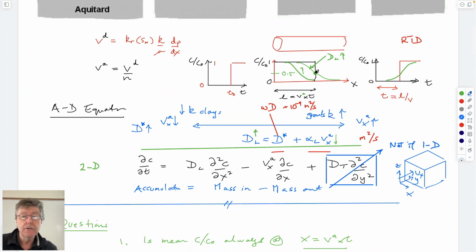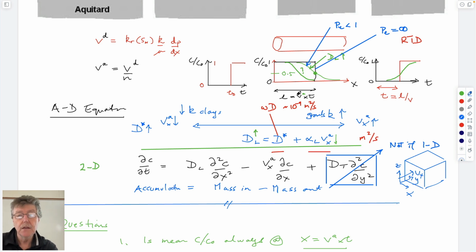So for a Peclet number of infinity, it would be plug flow, and some number smaller than that. And for Peclet numbers less than 1, you'd expect to get this non-sharp flood.